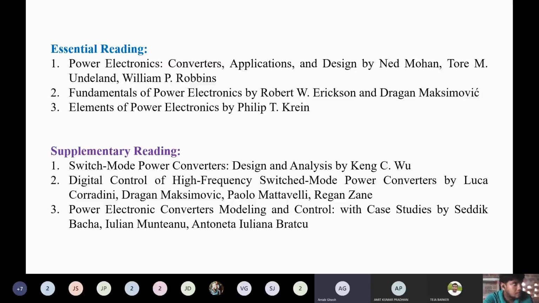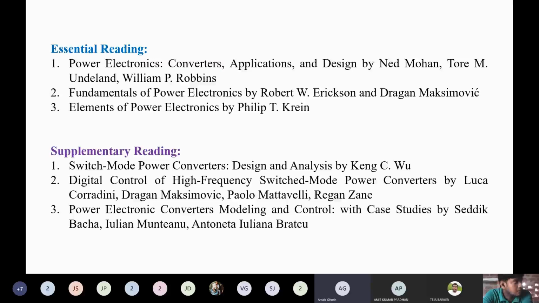Those are very good books. Then we can also use the book by R. W. Erickson and Maksimovic, which is also very good. Another book is Elements of Power Electronics, and all these books cover the switching power converters in a very good manner. That's why I am following them. The last book is Elements of Power Electronics by Philip Krein.